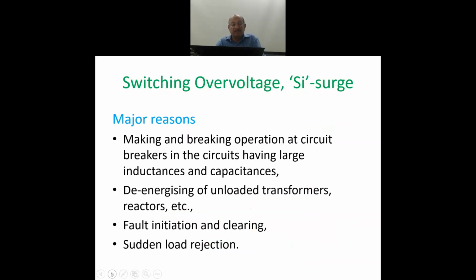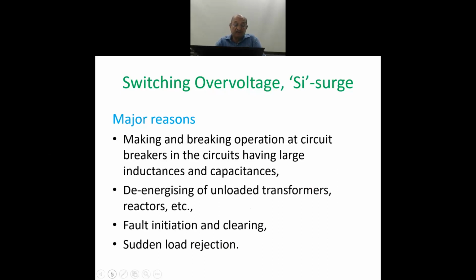Now, let's try to understand what is switching overvoltage. As I said, these overvoltages, lightning surge or switching surge, we call them. The major reason why the switching surge is produced is during the operation of the circuit breaker, that is, making and breaking operation.